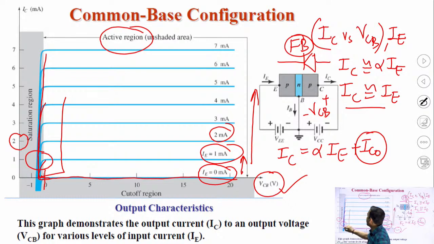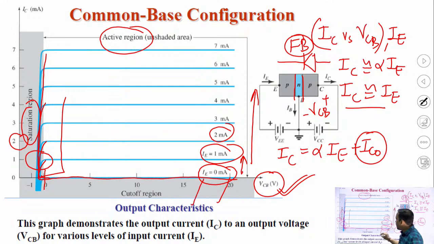So we have different types of curves. But keep in mind that if both the junctions are forward biased, the mode of operation is called saturation mode.